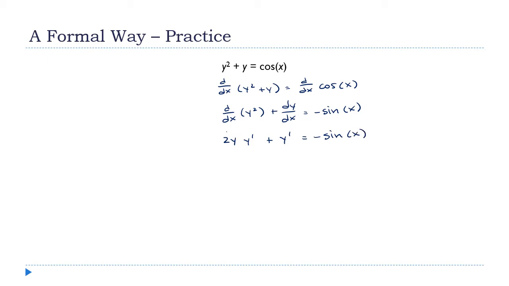Now I still have to solve this for y prime. So let's factor it out. y prime times (2y plus 1) equals minus sine of x, and then divide. y prime equals minus sine of x over 2y plus 1. And that's it. There's my derivative, there's dy/dx.